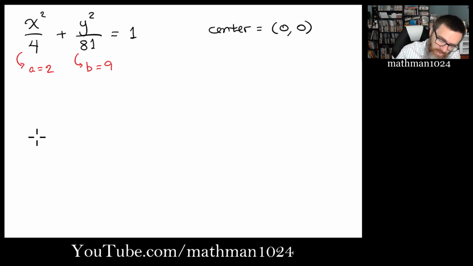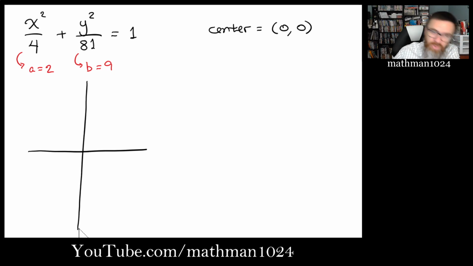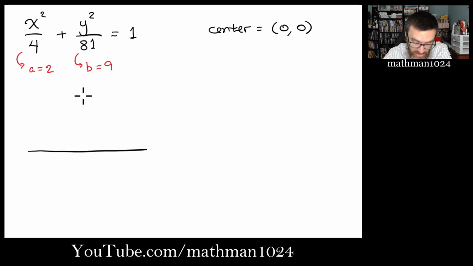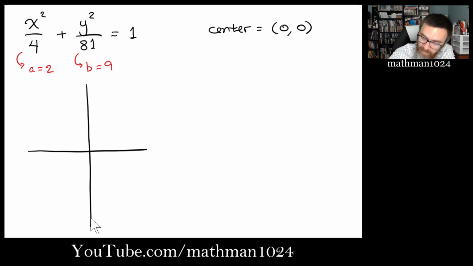All right, so if I want to do a quick sketch of this just to get an idea about where things are, well, that isn't a vertical line. Better. All right, so my center is the origin. For the x, I'm going 2 units to the right, 2 units to the left. But for the y, I'm going up 9 units and down 9.